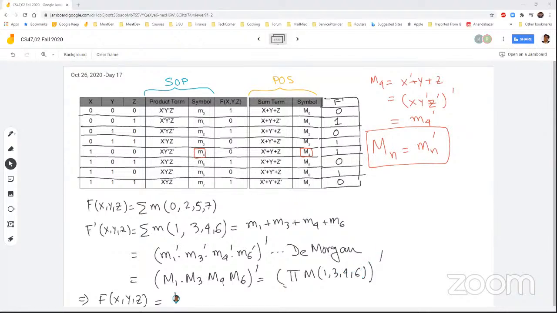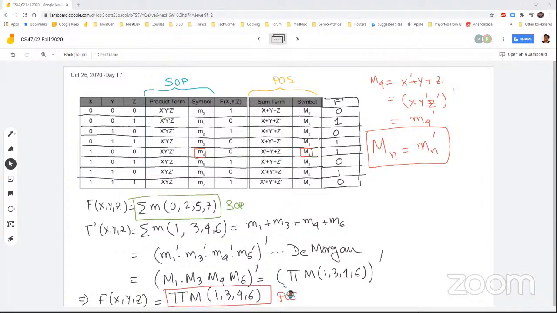That means this is nothing but M1, 3, 4, 6, right? So that's the relation between your function represented as an SOP versus the same function represented as a POS.